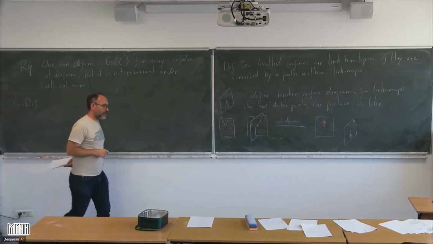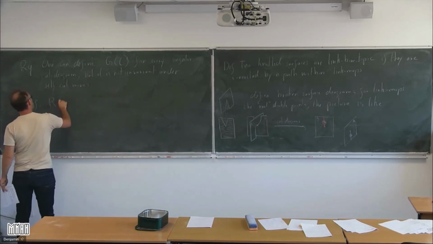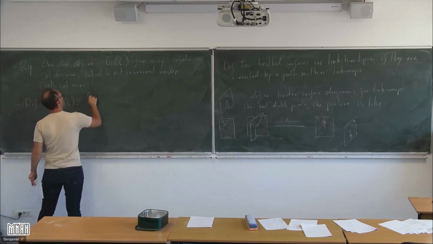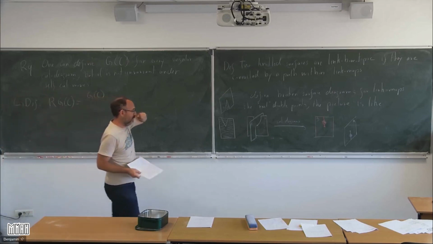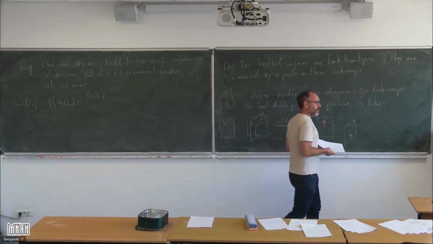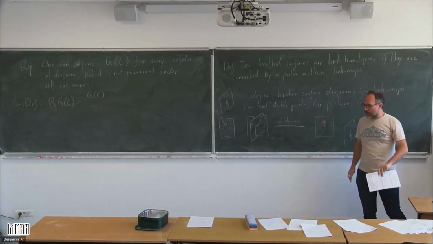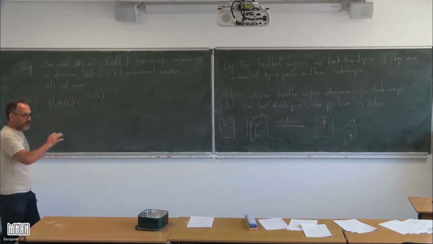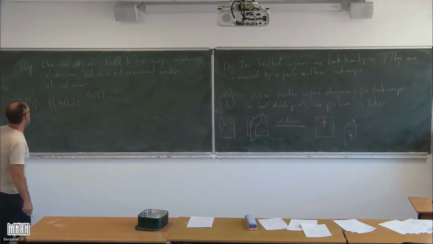We define the reduced quotient, RG of C, which is just G of C, the group generated by the arcs of the diagram, with the relation that every time you have two regions separated by an arc of the diagram, one region is the conjugate of the other by the label of the arc.